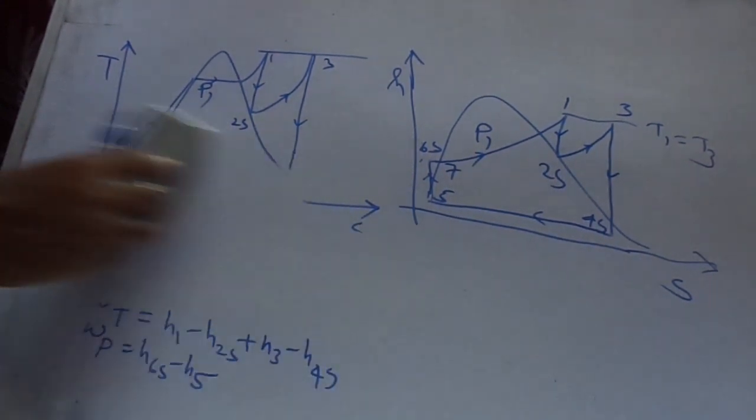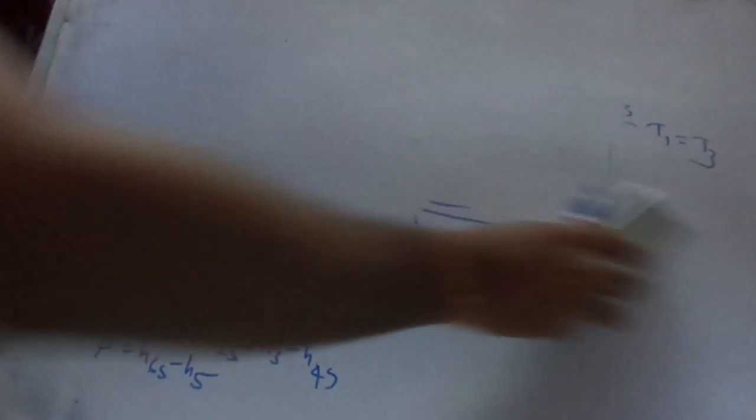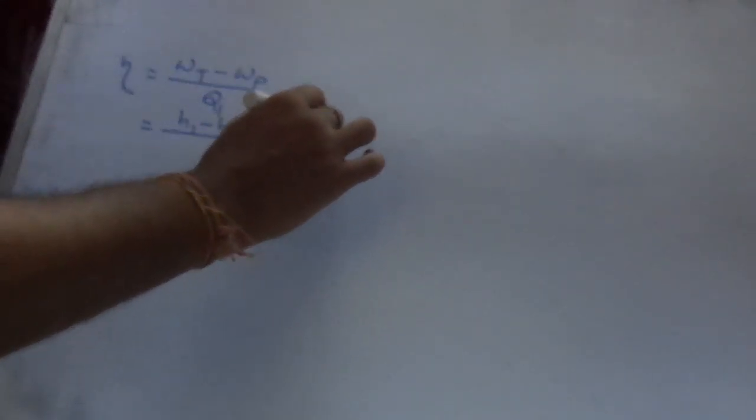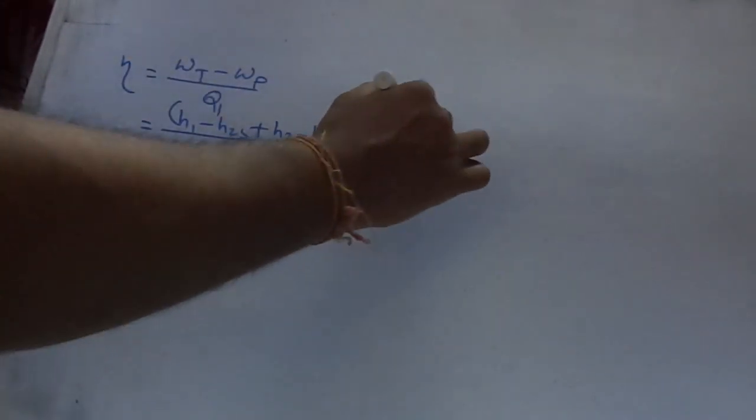So eta is equal to H1 minus H2s plus H3 minus H4s, minus WP, H6s minus H5, divided by Q1.